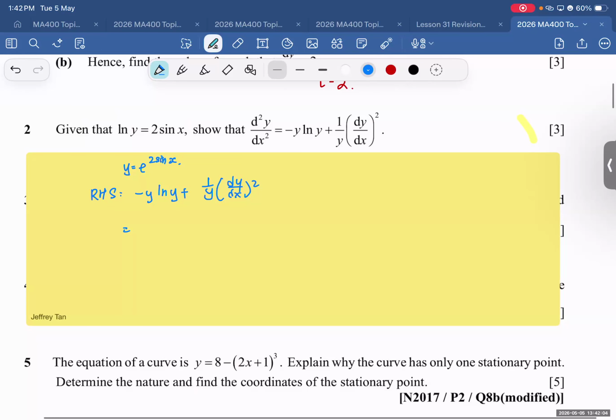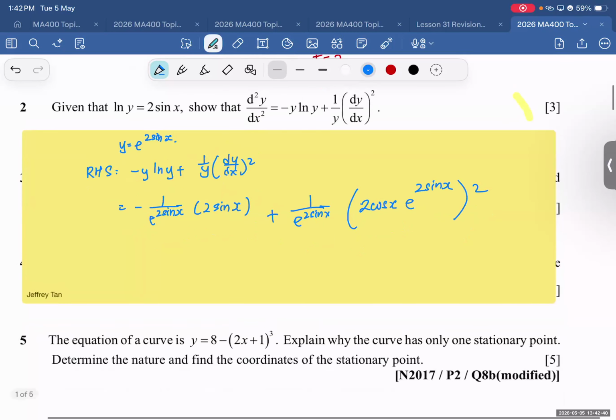Okay, so my right hand side, you see, is negative 1 over, then you write dy dx. What's dy dx? 2 cosine x, e to the power of 2 sine x. Okay? Did I get it correct?